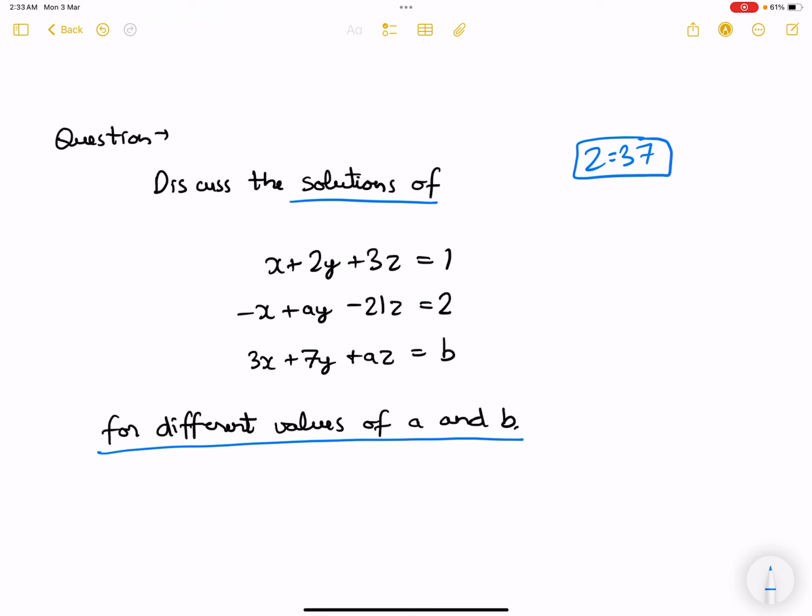This is x plus 2y plus 3z equals 1, minus x plus ay minus 21z equals 2, 3x plus 7y plus az equals b. So you need to tell whether the solution would exist, and even if it exists, whether it is unique or infinitely many.